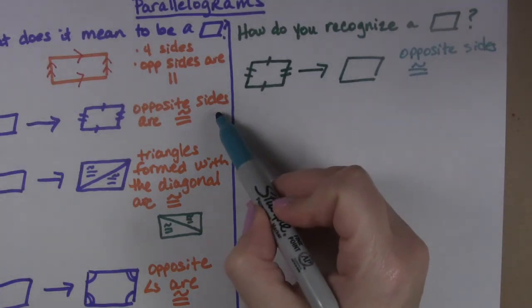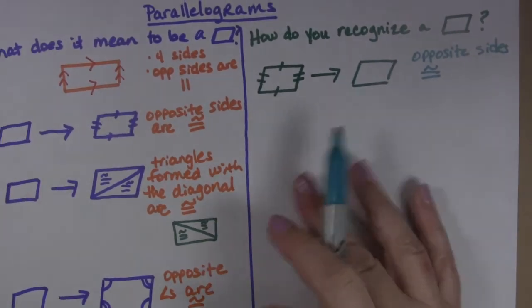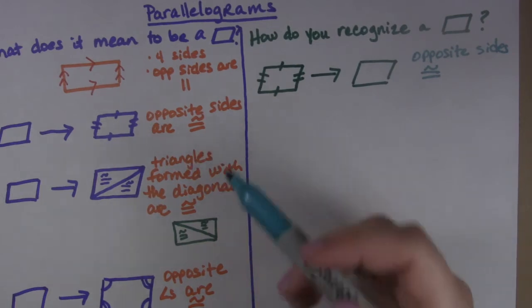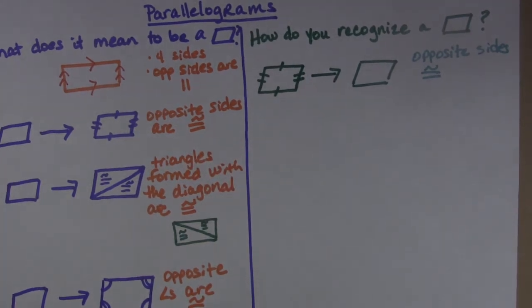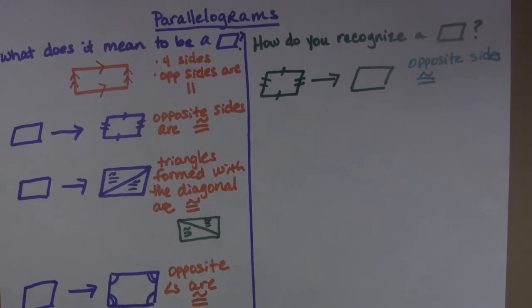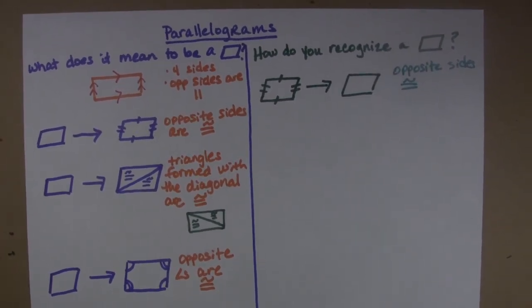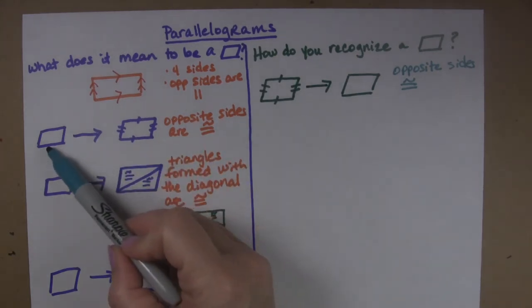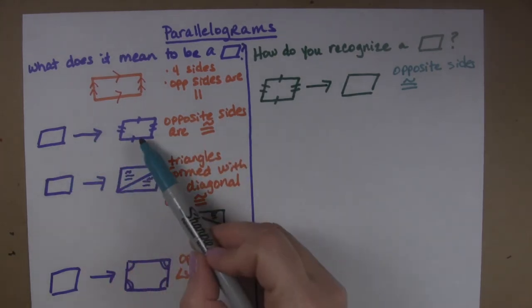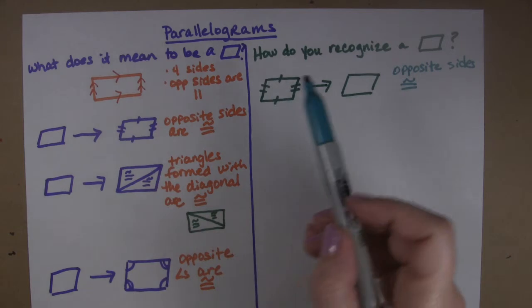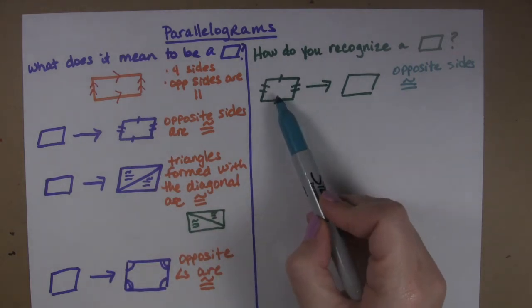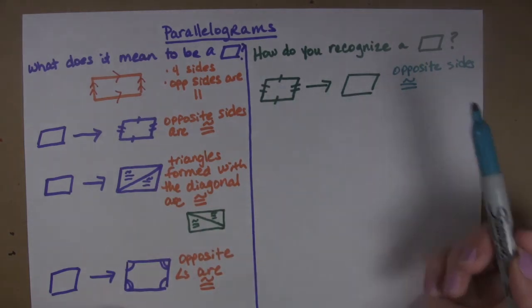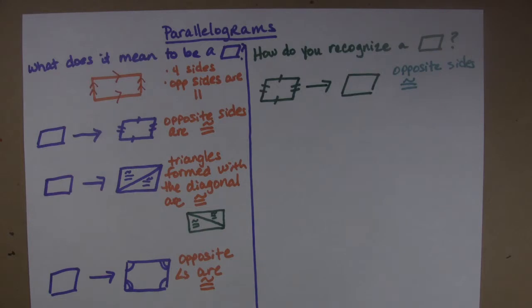And notice that this is just a converse of what we already wrote over here, that opposite sides are congruent. Let me just back up a little bit, see if I can get a little bit more on this page. Excellent. So that's just the converse, right? Here we say that parallelograms imply congruent opposite sides, and here is the converse, congruent opposite sides imply parallelogram. So that is awesome.